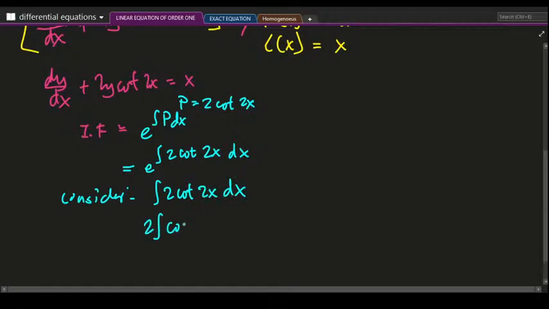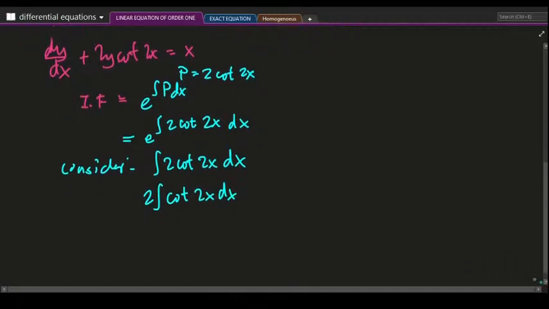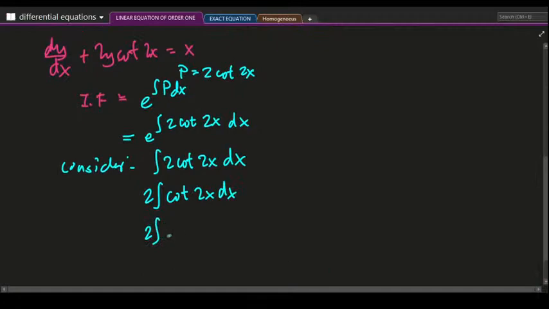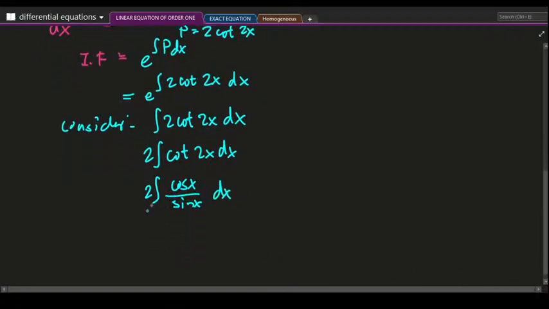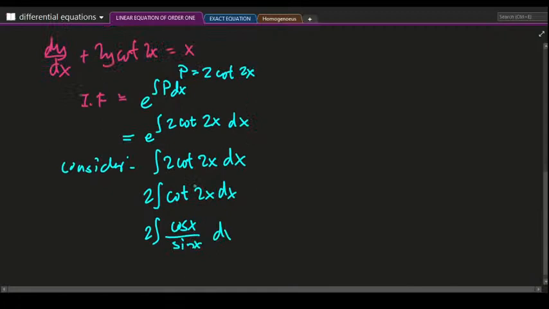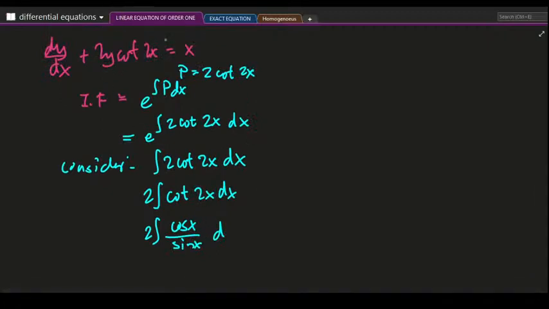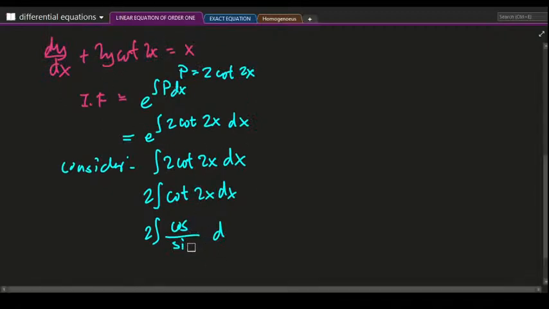The identity for this one is 2 cosine x over sine x dx. Okay, so this is not sine x but sine 2x and cosine 2x.